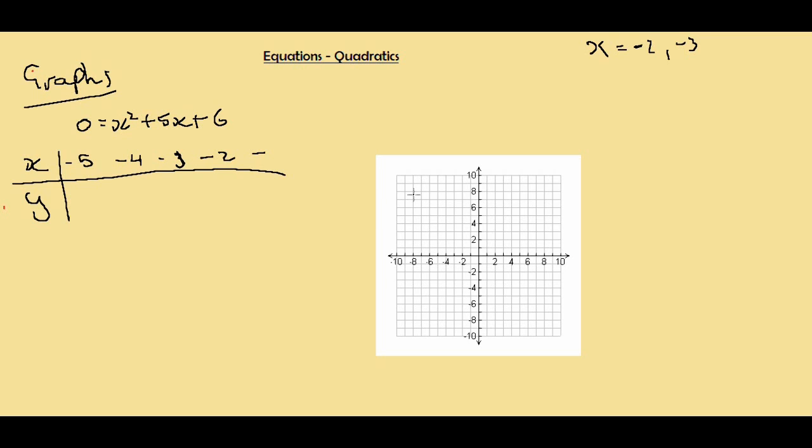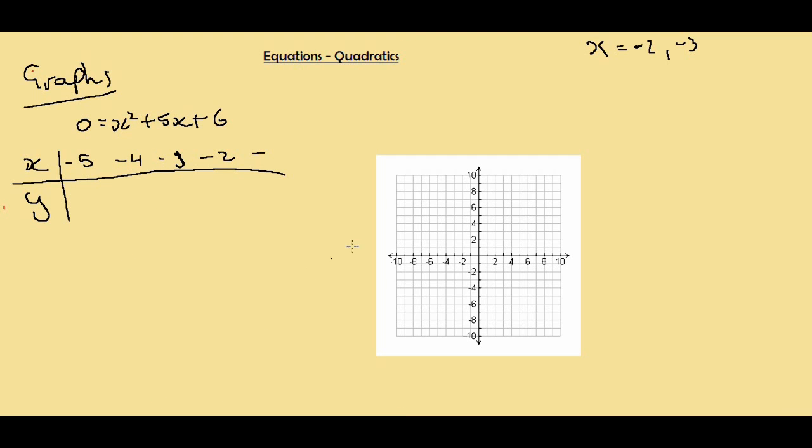So for minus 4: minus 4 squared, then minus 20, and then plus 6. Then we get these coordinates that we're building up.